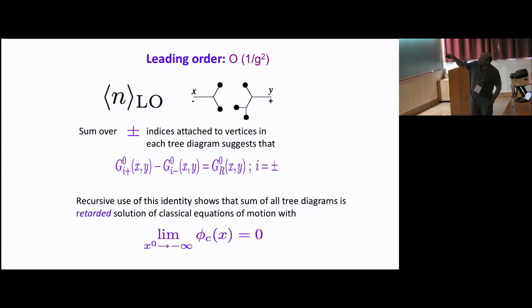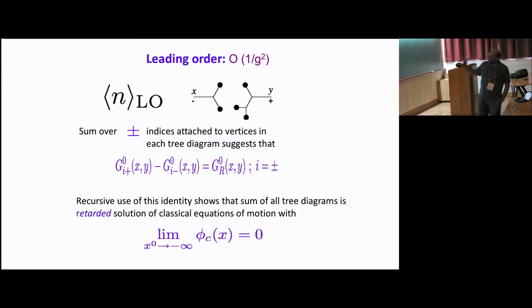Now, however, all these intermediate steps here can have either plus or minus. So I have to sum, so if I start from plus, this can go from plus to plus or plus to minus, and then it can go from plus to plus or plus to minus, and so on. So I have to add up all the intermediate pluses and minuses when I do this.